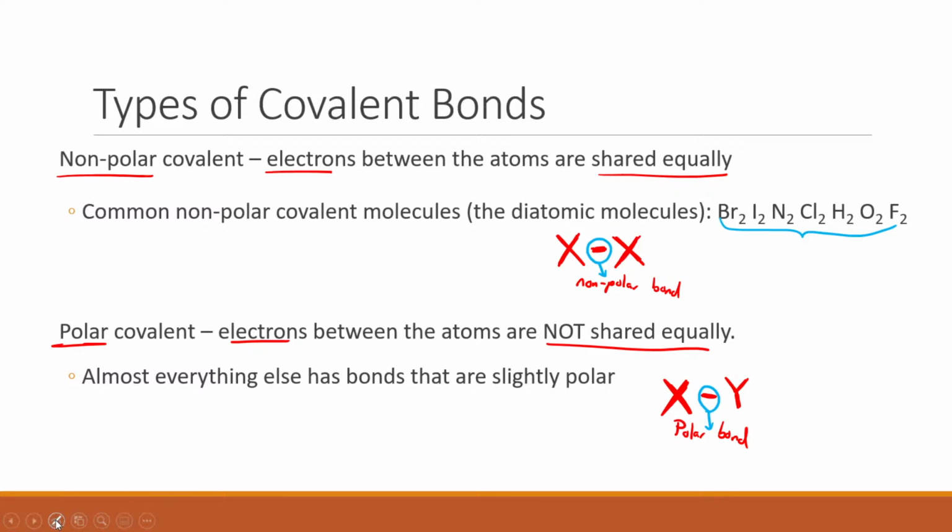When we start looking at carbon chains, they also contain nonpolar bonds because there is carbon connected to carbon, carbon connected to carbon. So these here are nonpolar bonds.